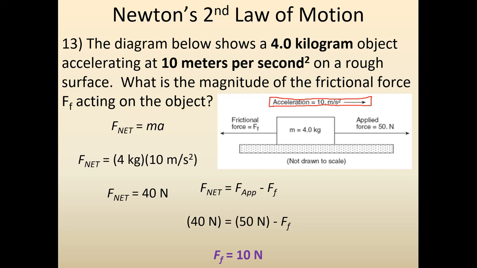There's a few things to note. If the acceleration was going to the left, the way I'd find the equation is by doing F net equals, we would say that the acceleration to the left, it's the frictional force that's now positive, minus F applied.